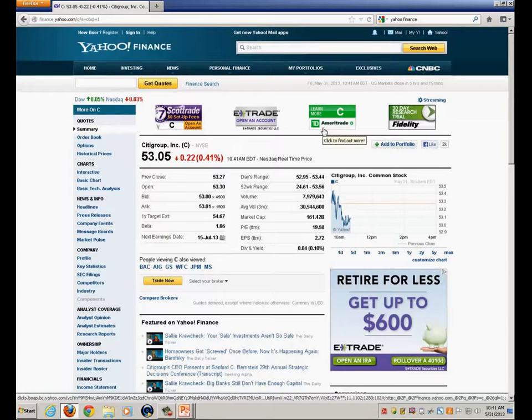The market as a whole has a beta of 1. A beta greater than 1 tells you it's a more risky investment than the market as a whole. Their earnings per share is 2.72. You should be able to read these things, by the way. If not for this class, just for life. And it trades at about $53 a share.